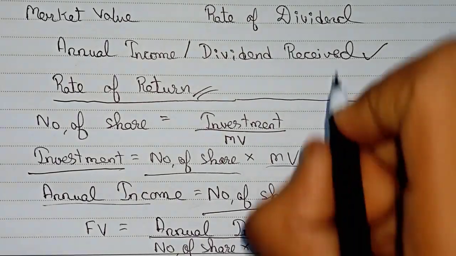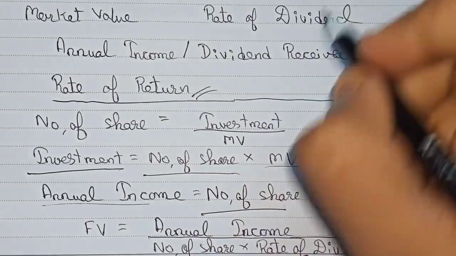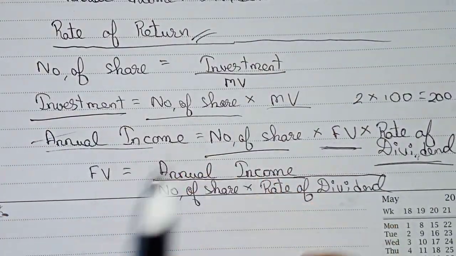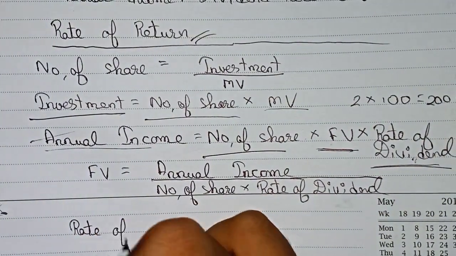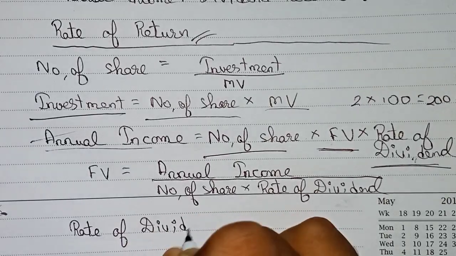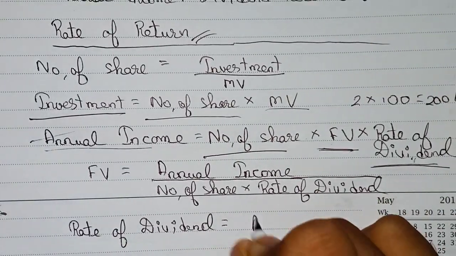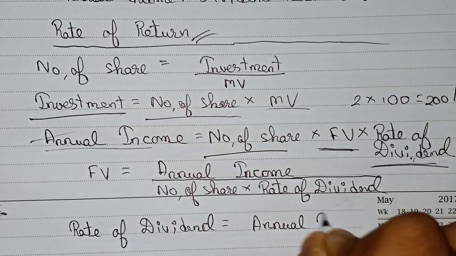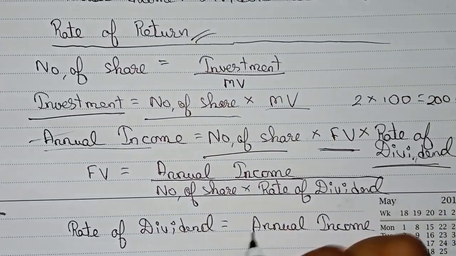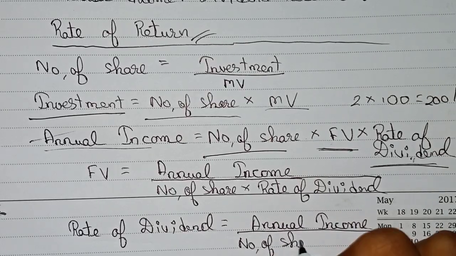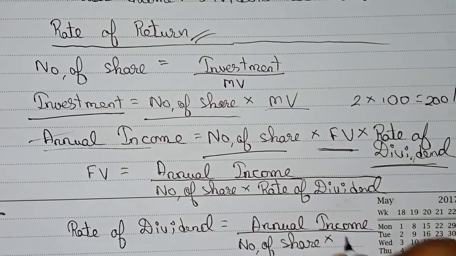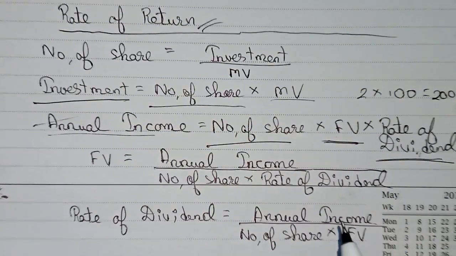So you got the face value. With this formula only you can easily find out rate of dividend. Rate of dividend is equal to annual income by number of share into face value.